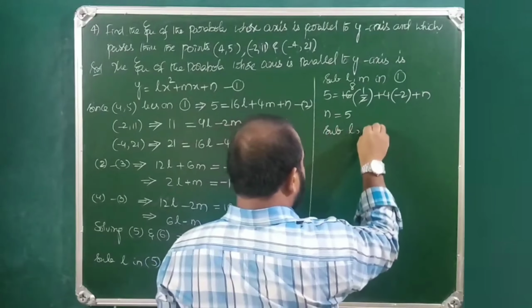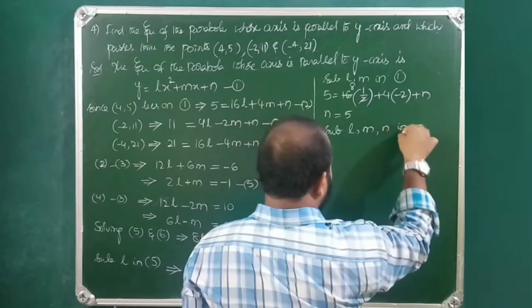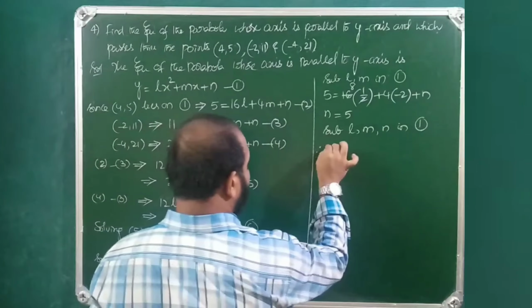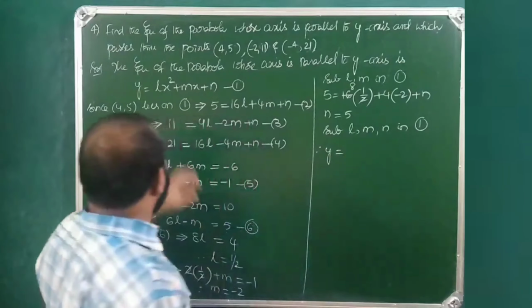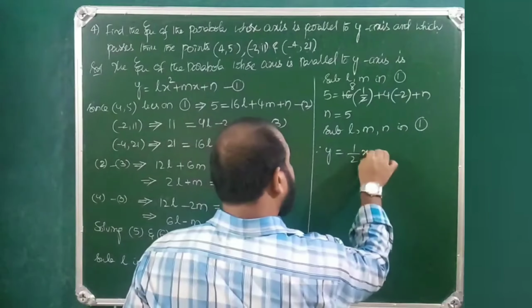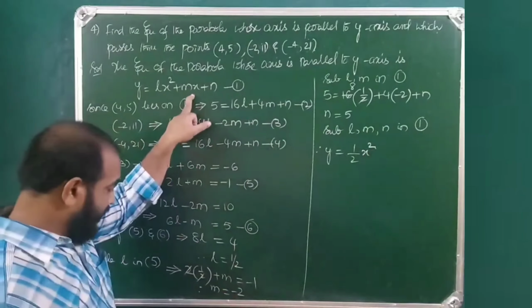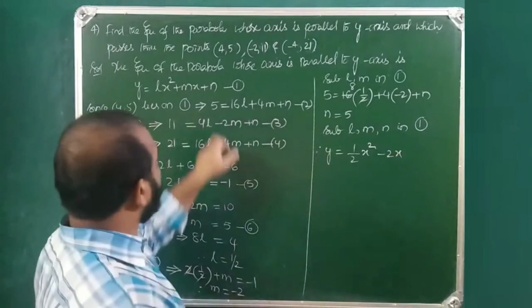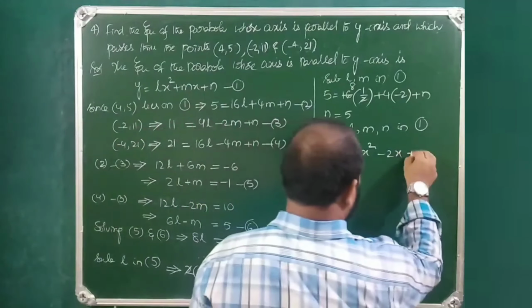Substituting L, M, N in equation number 1. Therefore we get y is equal to the value of L, 1 by 2 x square, plus mx, M is minus 2, into x, minus 2x. The value of N is 5.